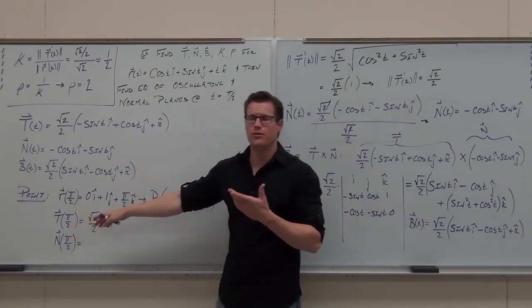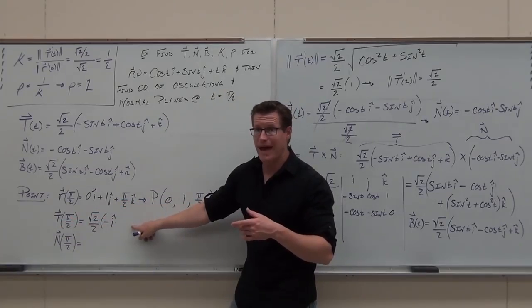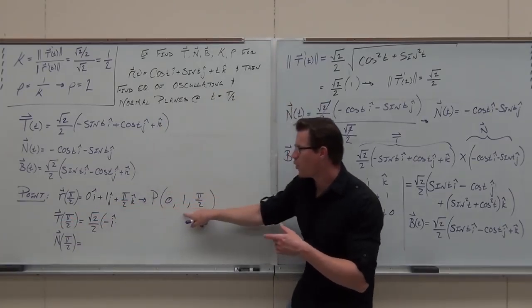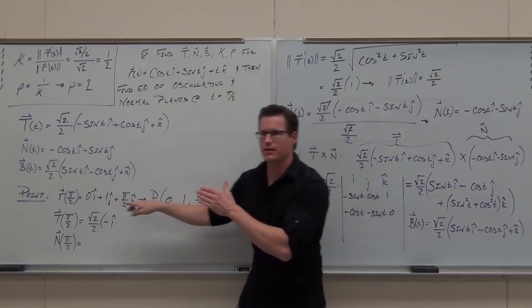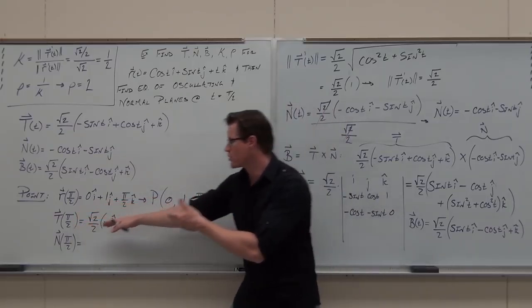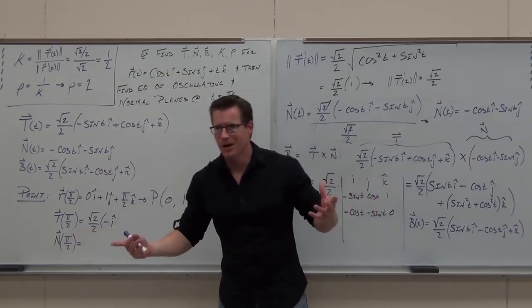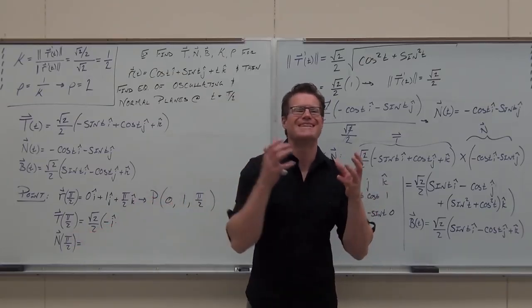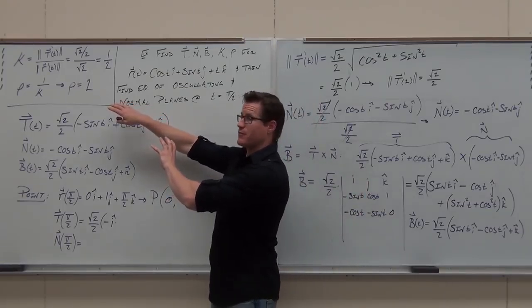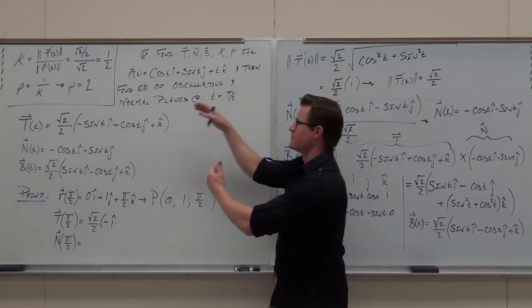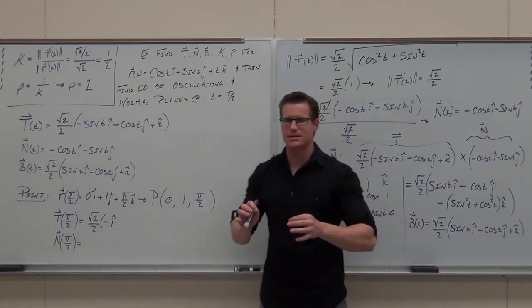Plug in the value, and you will find the unit tangent vector at that time, at that point, because that time gives you that point. So we're finding the unit tangent vector at that point, the unit normal vector at that point, and the unit binormal at that point. All you do is plug in pi over 2. That's all I'm asking, but I want you to get it. Understand the difference between a formula that gives you a unit tangent at any value and one at a specific value at a specific point. That's the idea here.